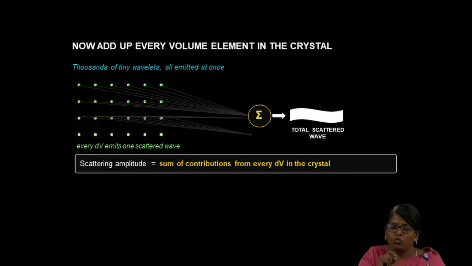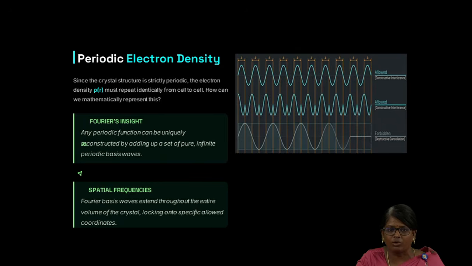Each elemental volume dV inside the crystal contributes one scattered wave and a small part of the scattering amplitude. All the contributions of the elemental volumes add up together to give the total scattering amplitude.